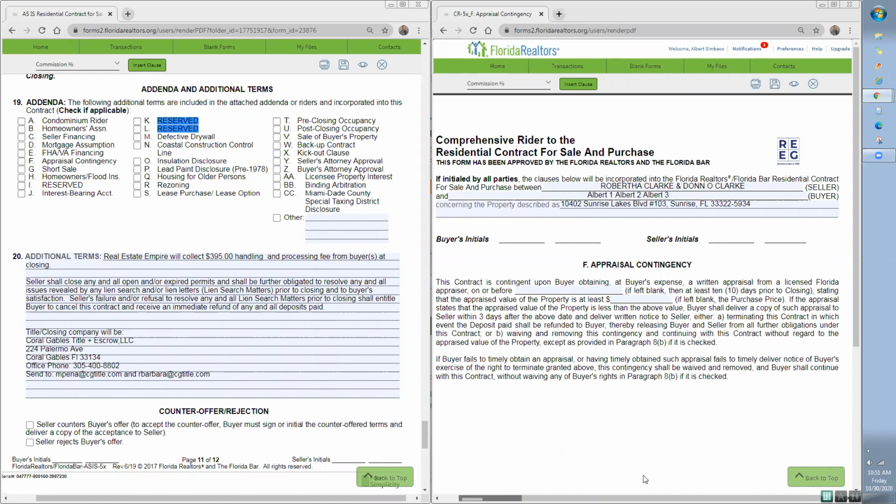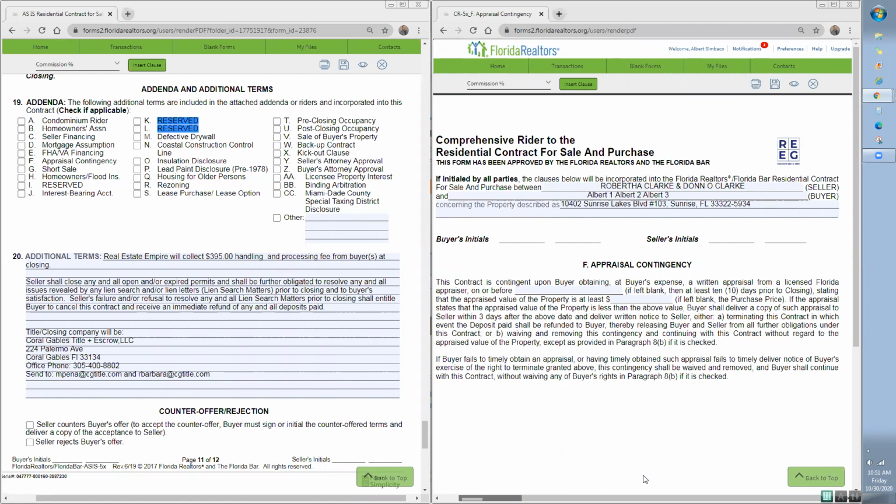If it does not, then I have the option to get out of the contract, or we can negotiate the price. Now this is completely different than a loan contingency. The loan contingency says that, hey, in 30 days, I need to make sure that the buyer is approved.